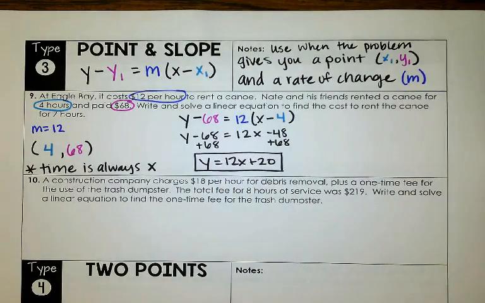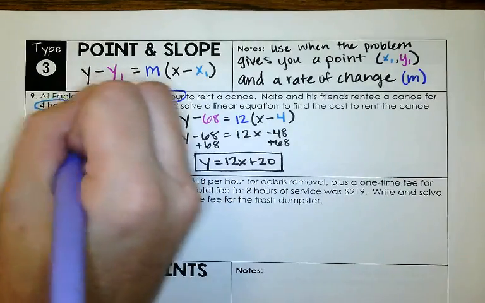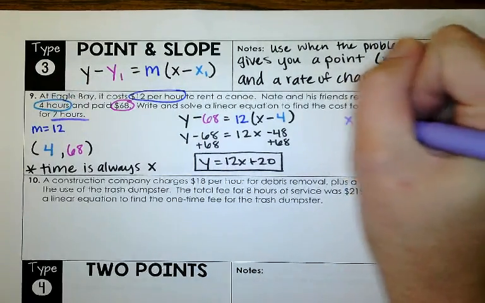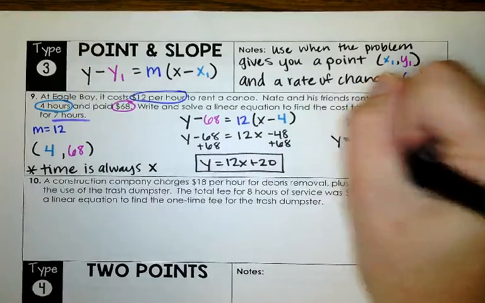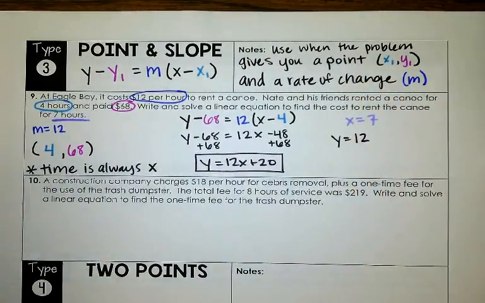So then the next question asks, write and solve a linear equation to find the cost to rent the canoe for 7 hours. So if my x is equal to 7, what is my y? Well, let's find out. Y is equal to 12, not times x, but 12 times 7 plus 20.